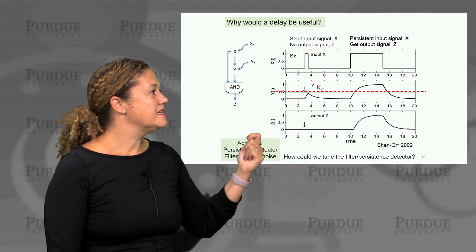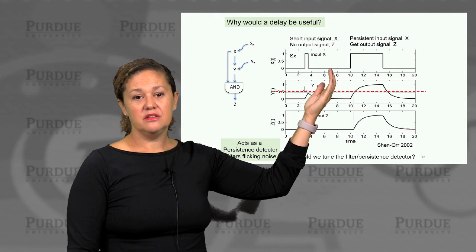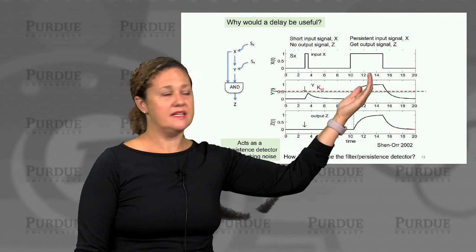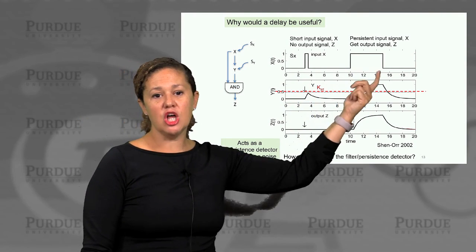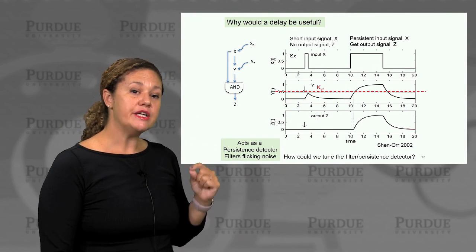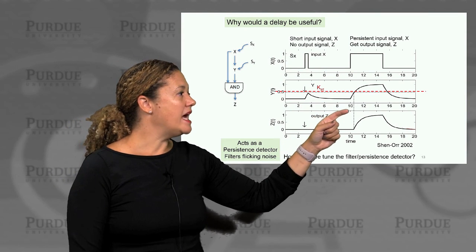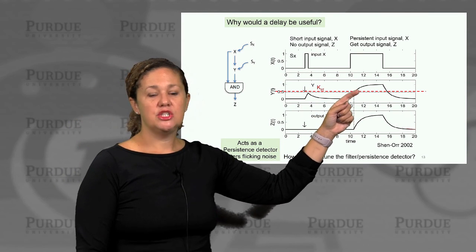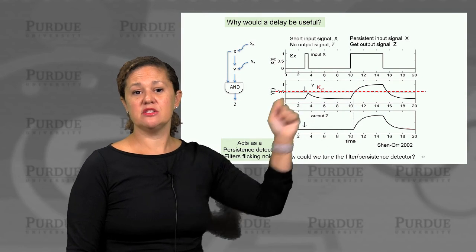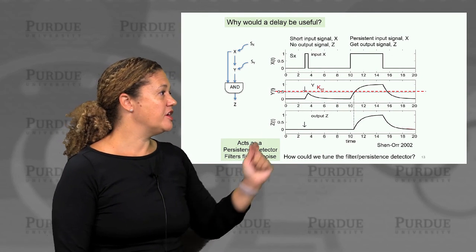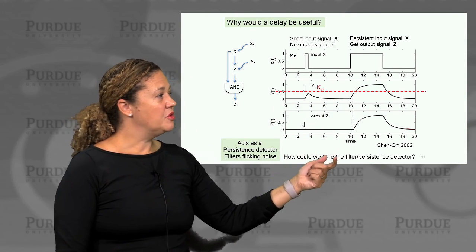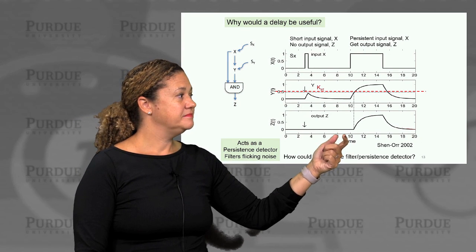In contrast, if our signal for X is persistent and is on for a longer period of time, long enough such that Y can accumulate to reach and surpass its threshold value for turning on Z, now we see Z come on.